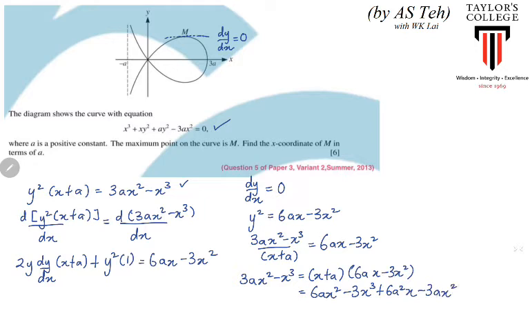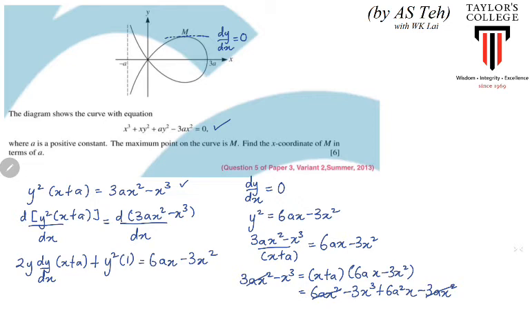As you can see, if I bring this minus 3ax squared over to the left hand side, there will be 6ax squared, which will cancel out with the one on the right. So all that remains is this negative x cubed.